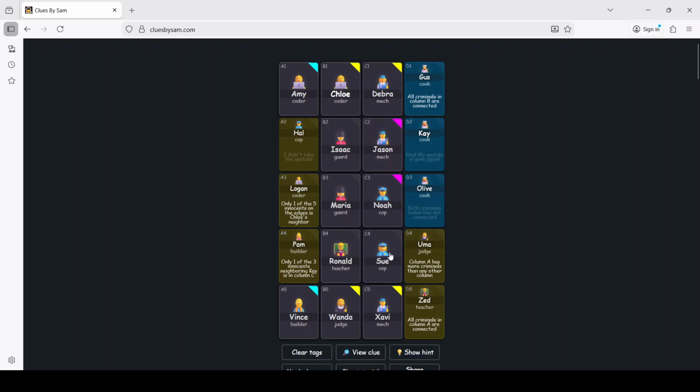We'd have 1 innocent here, and we would also have 1 innocent there for Sue, but that's still not enough innocents. We wouldn't have enough innocents in column C for column A to be the most.